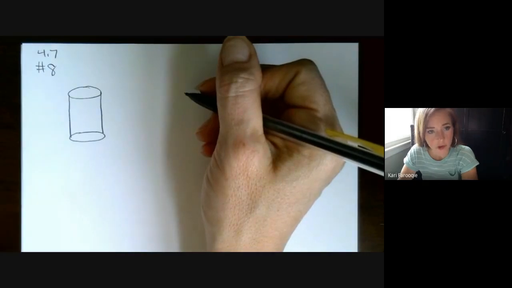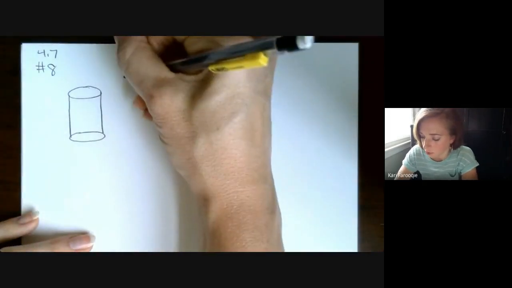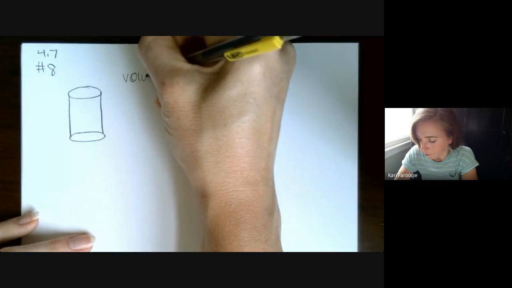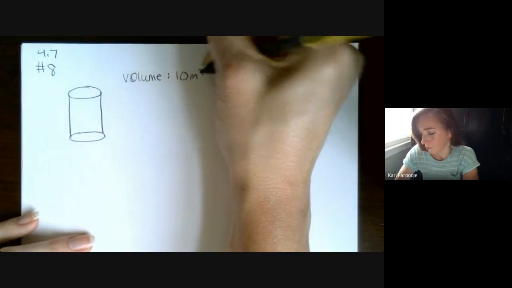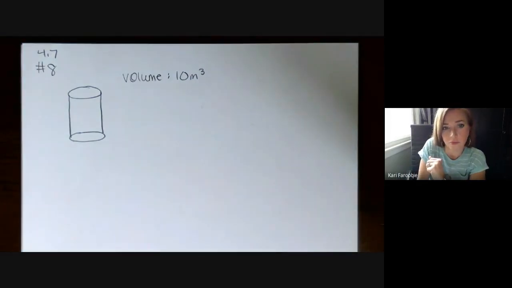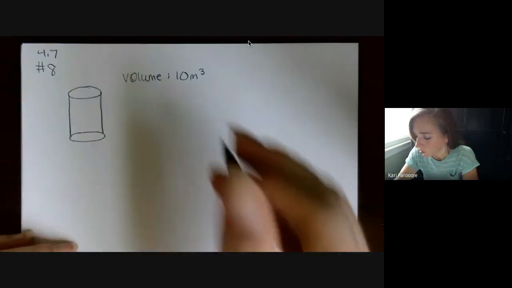Capacity and the meters cubed would indicate volume. Is to be produced. The top and the bottom are to be made of material that costs $20 per square meter.